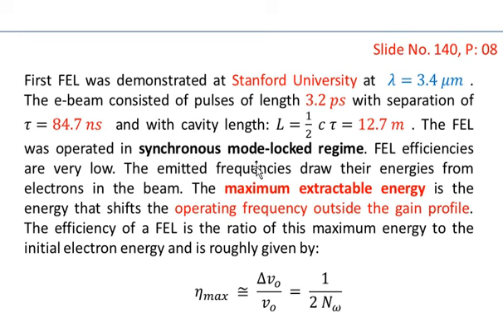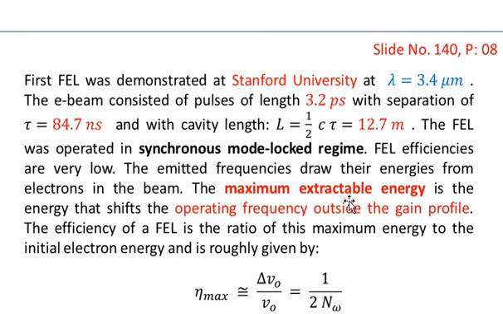FEL efficiencies are very low. The emitted frequencies draw their energies from the electrons in the beam. So this sentence needs to be remembered: the emitted frequencies draw their energies from the electrons in the beam.